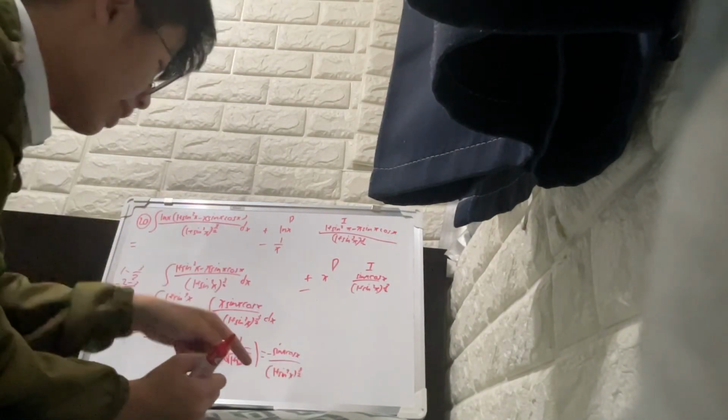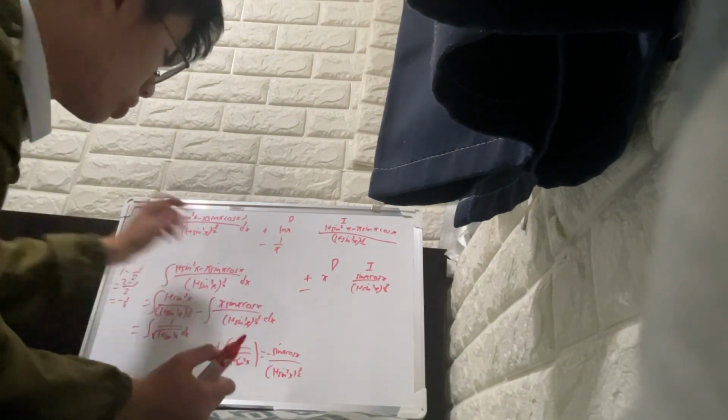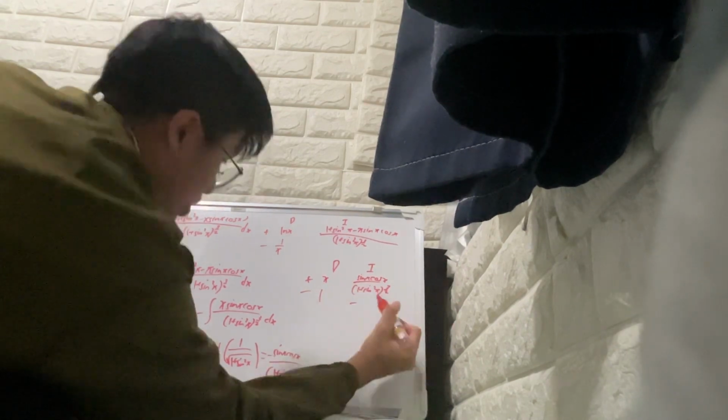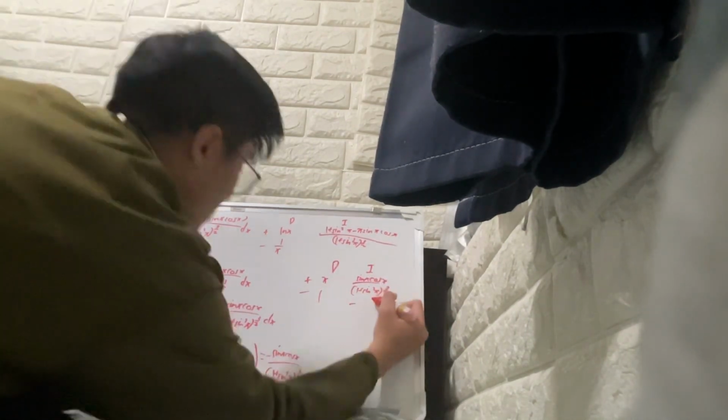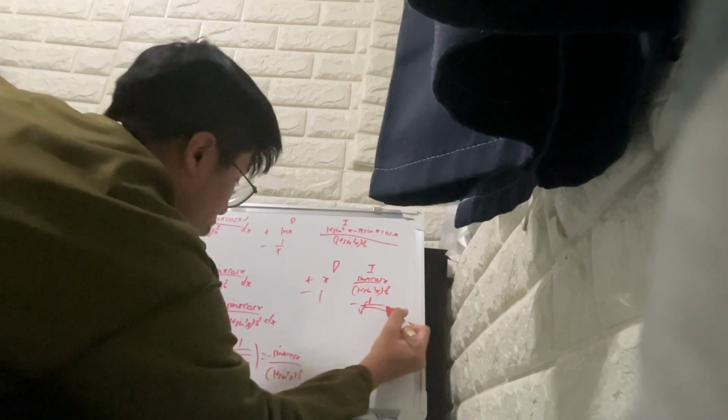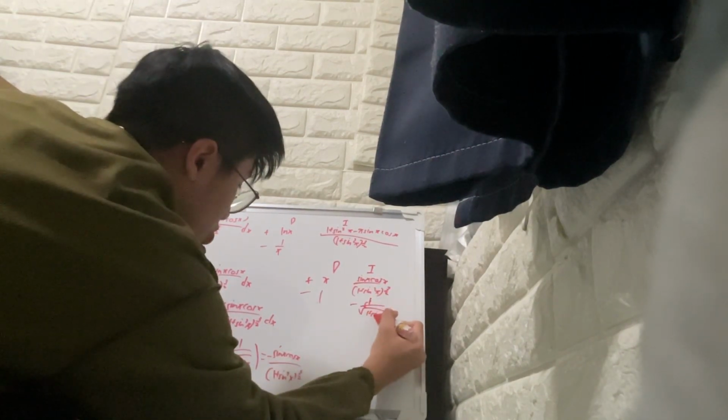Here we don't have a negative, so be sure you will get a negative sign here. Differentiate this, you get 1, and then this you get negative 1 over square root of 1 plus sin squared x.